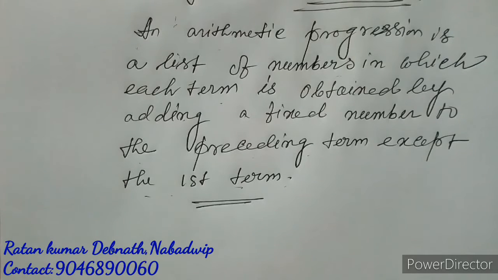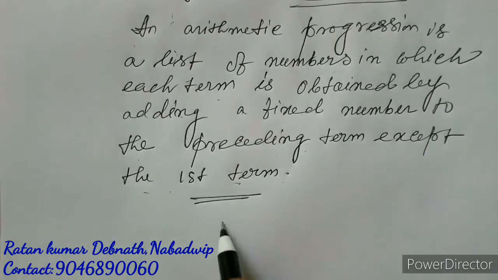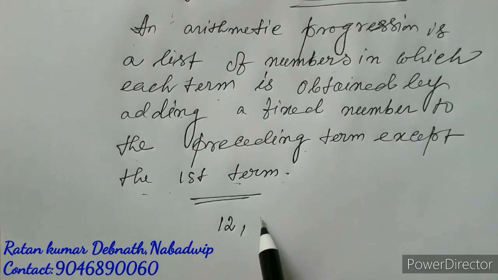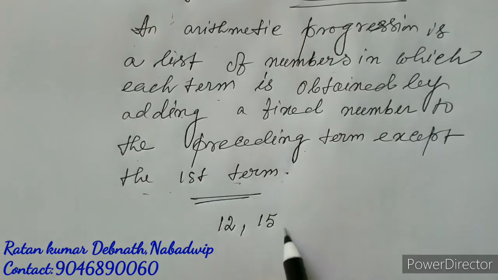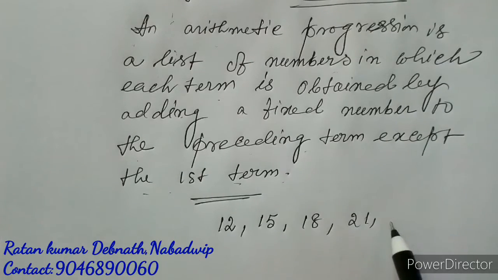Already we have given some examples of arithmetic progression. If you write 12 here, if you add 3 with 12, you will get 15. Then if you add 3 again with 15, you will get 18. If you add 3 with 18, you will get 21.